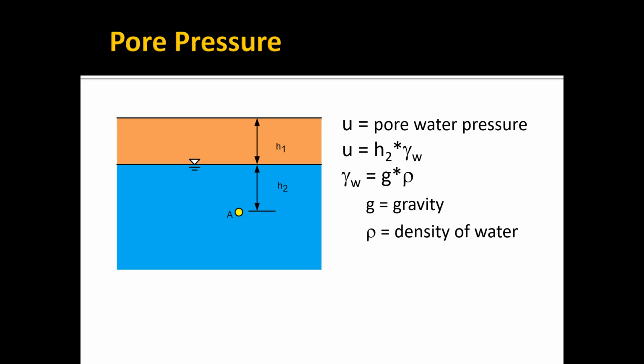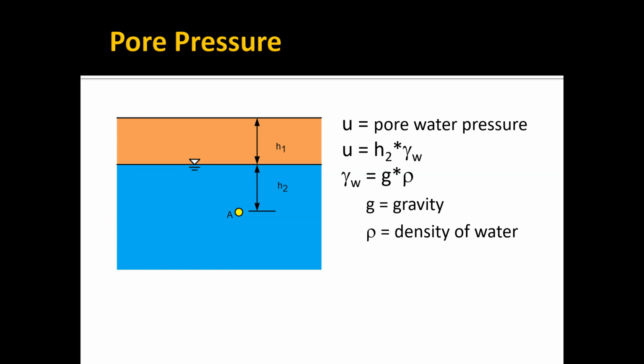In English units, it would be pounds per square foot, and in metric units, it would be kilonewtons per meter squared, or pascals. So the simple thing to remember here is the pore pressure at a point is the height above the point that water would rise if you were to insert a piezometer, or the distance from that point to the top of the water table, multiplied by the unit weight of water. We'll come back to that and use that as we go through our lecture.